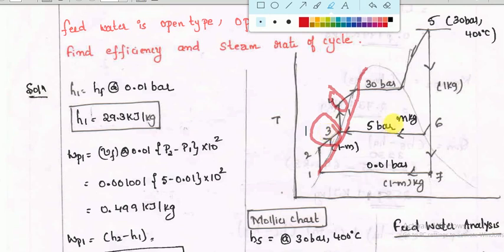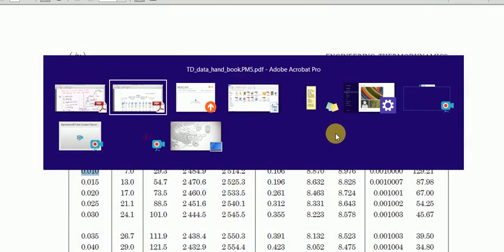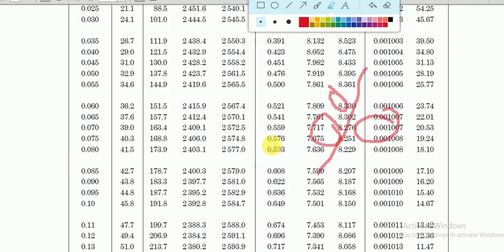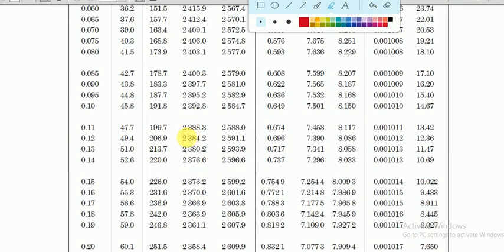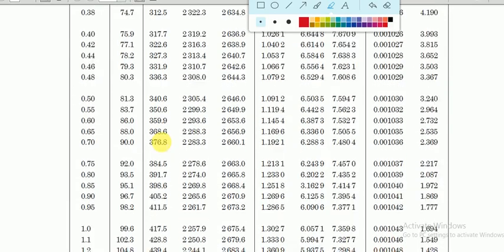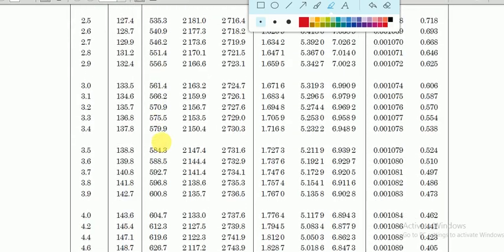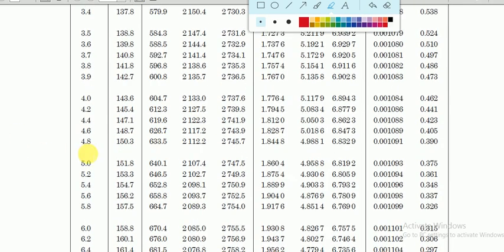We know that the pressure at point number 3 is 5 bar, and that point 3 is completely a fluid. Whenever something is completely a fluid, we can go to a thermodynamic data handbook and note down the values. So we go to the pressure based chart, and at 5 bar pressure we note down the enthalpy HF.